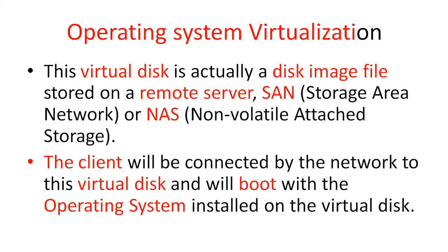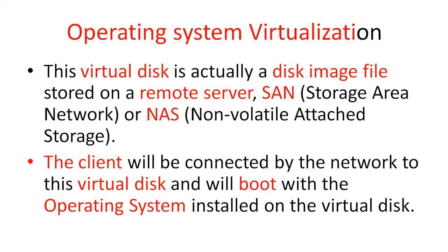From this file you directly install another operating system. The virtual disk is a disk image file stored on a remote server, a storage area network, or network attached storage. In this case, the client will be connected by the network to the virtual disk.